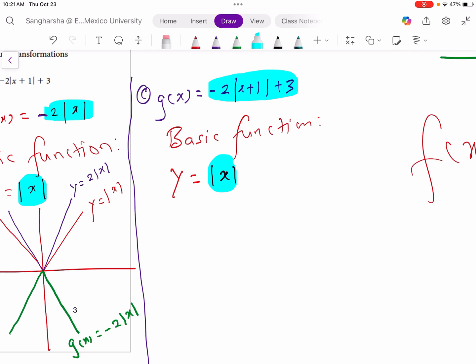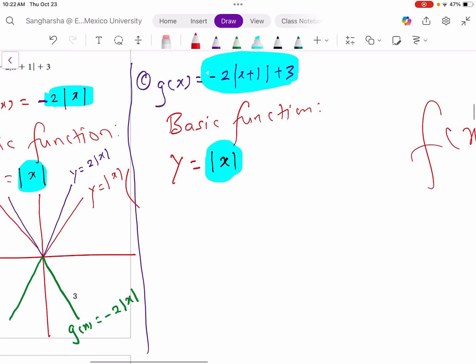So how can we get it? Okay, this is what you have, absolute value of x. From this absolute value of x, we need to get this expression by multiplying, adding, replacing. Now, let's multiply this absolute value of x by negative. So multiply by negative 1.